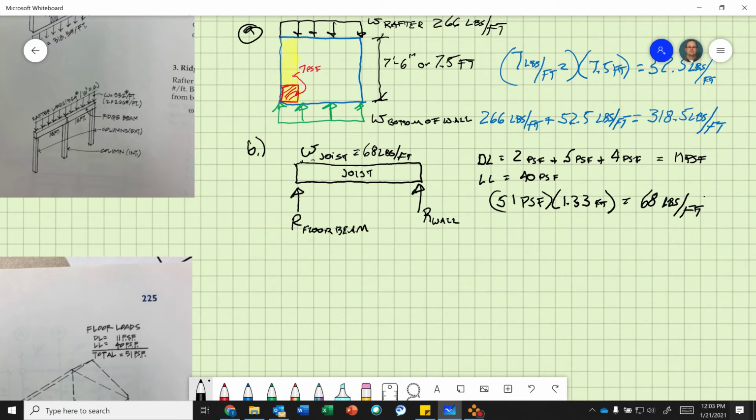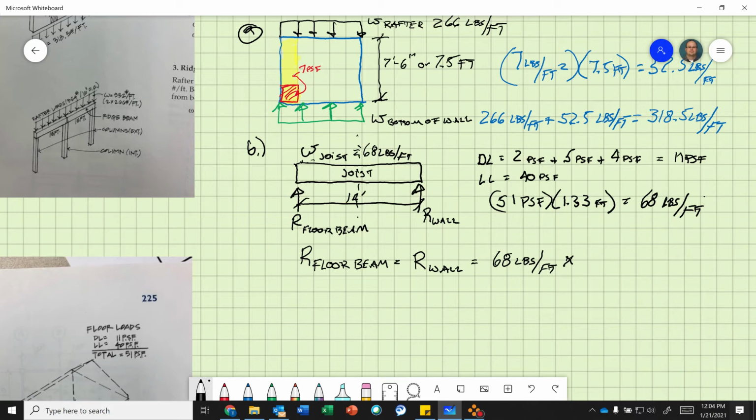All right, so to solve for reactions, our span is 14 feet. So we know half goes on the floor beam and half goes on the exterior concrete wall. So the reaction at the floor beam equals the reaction at the concrete wall, which equals 68 pounds per foot times, so each one is holding 7 feet of length.